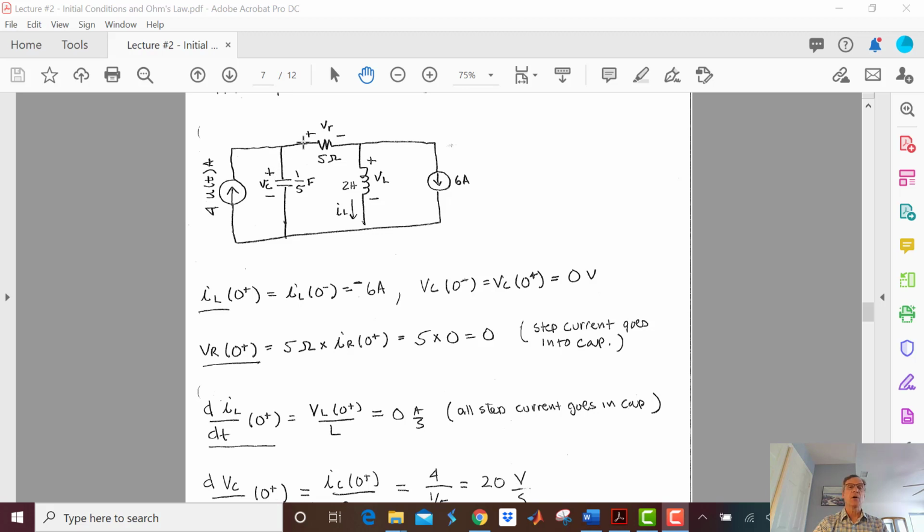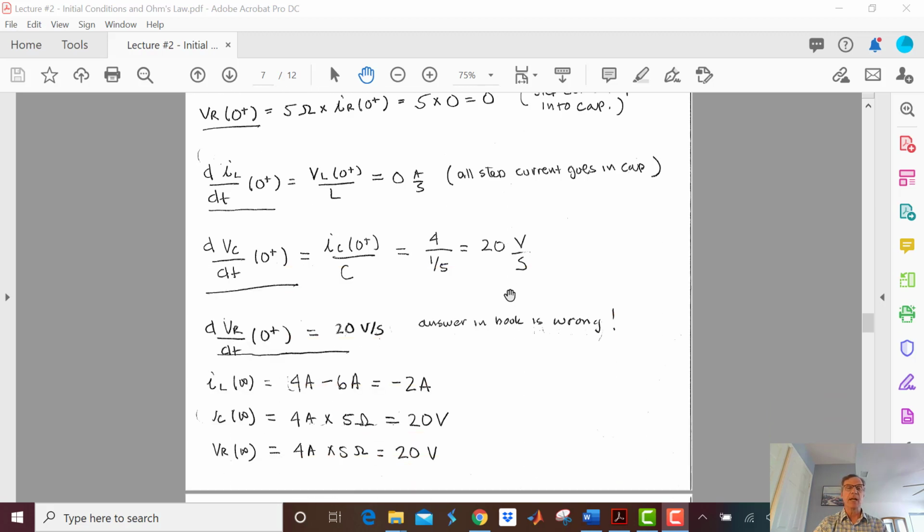So that means it's all going this way. So I got 4 amps going that way, and I got 6 amps going that way. So KCL on the fly is going to say 4 go in, 6 go out. That means 2 got to be going this way. So I sub L at t equals infinity should be negative 2 amps.